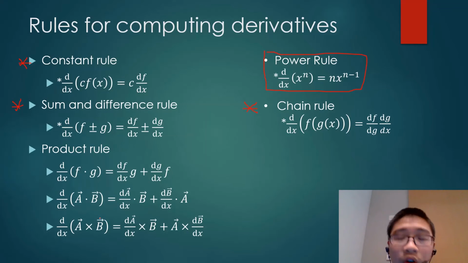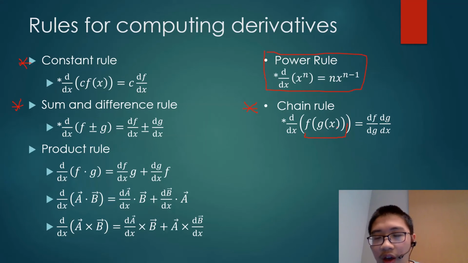And the last rule is called chain rule. We use this rule to compute the derivative of a composite function. For example, if we have a composite function f of g of x, x is the independent variable of g, which is the independent variable of f.